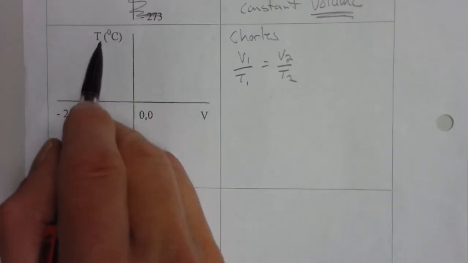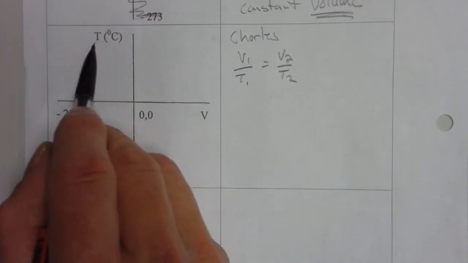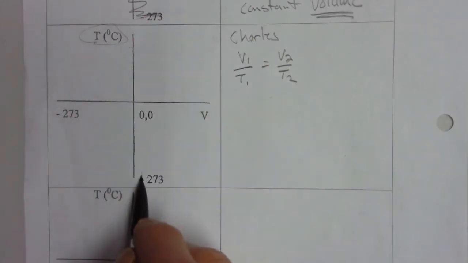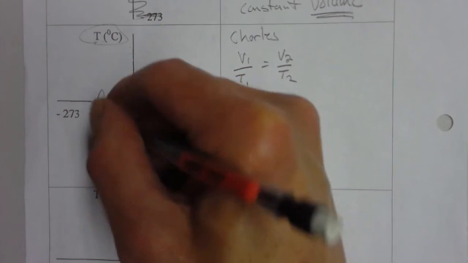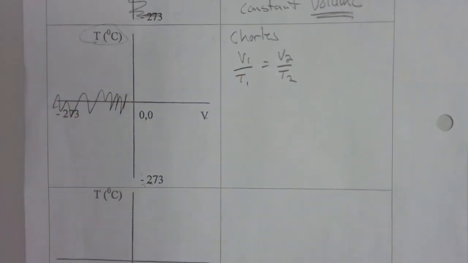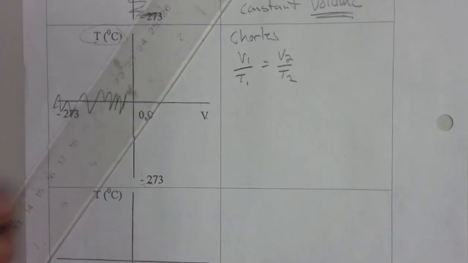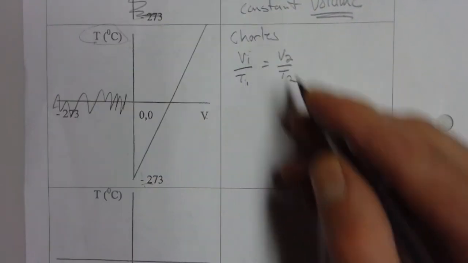Now here's the deal though, on this axis we're in Celsius, so we can go down to negative. Volume cannot be negative, so that's not going to happen. So this graph ends up looking like this. It should be a direct relationship, so that means it's a straight line, constant ratio, constant slope.